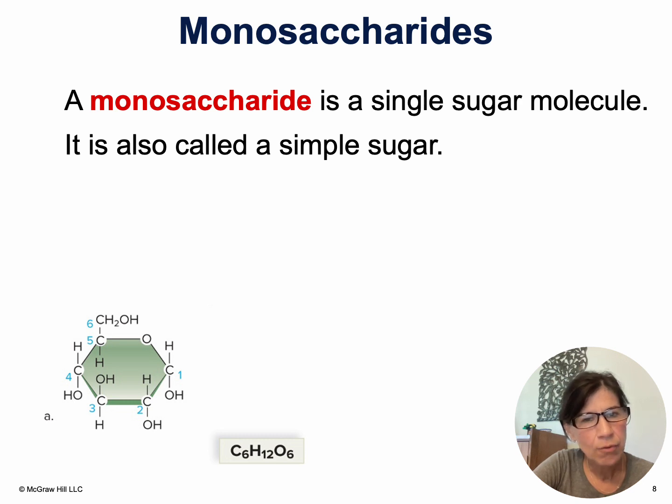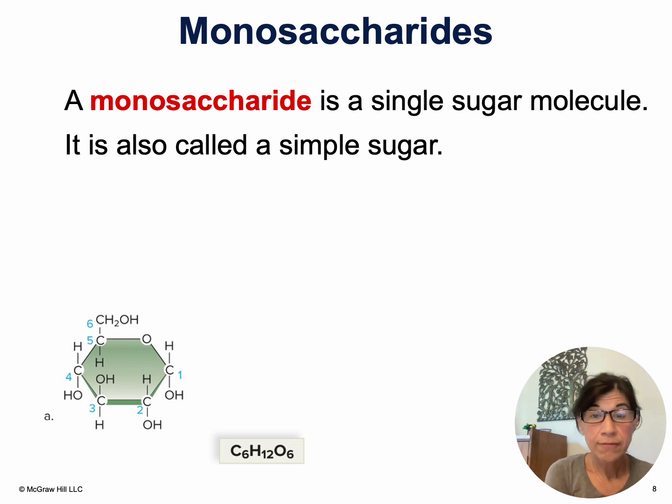And this is the formula. There's C6 because there are 6 carbons. There are 12 hydrogens, and you can count them here: 1, 2, 3, 4, 5, 6, 7, 8, 9, 10. We're missing 2. 1, 2, 3, 4, 5, 6, 7, 8, 9, 10, 11, 12. There we go, 12 hydrogens and 6 oxygens: 1, 2, 3, 4, 5, 6.